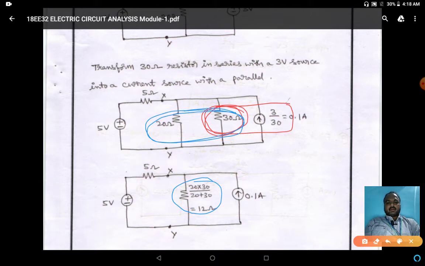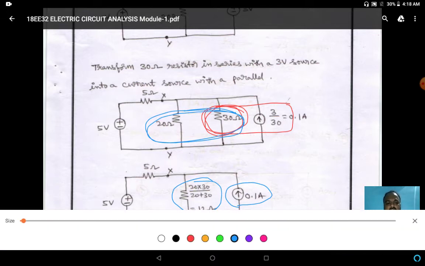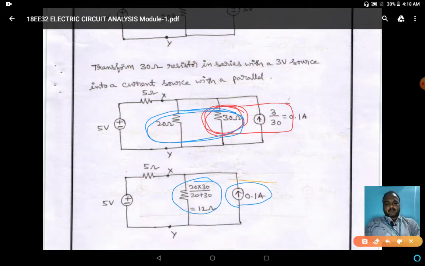Now the 0.1 ampere source and this 12 ohm resistor are in which way? They are a current source, so now we convert this into a voltage source.